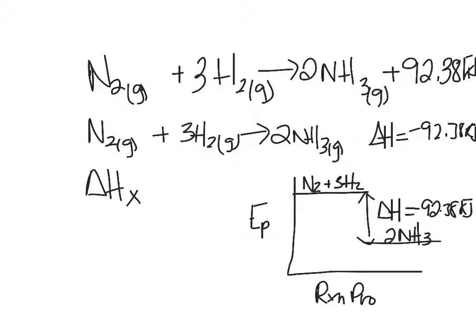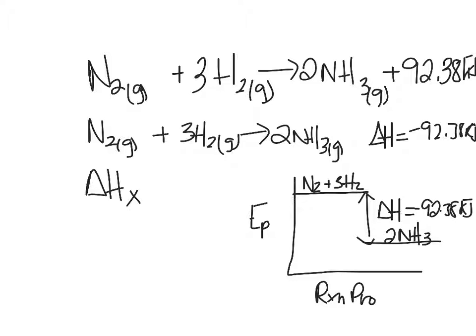Can anybody tell me what kind of a reaction this is? What kind of a reaction is it? Synthesis. We're forming what substance? Ammonia. So we could write a molar enthalpy for the formation of ammonia. Right? We could do a molar enthalpy for the formation of ammonia.